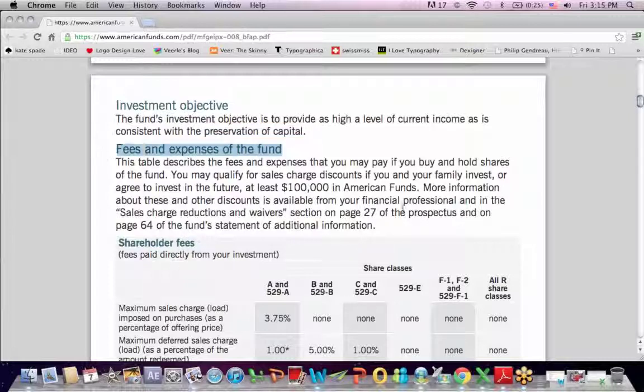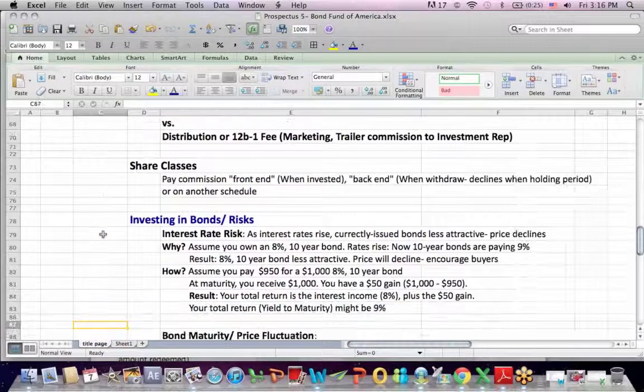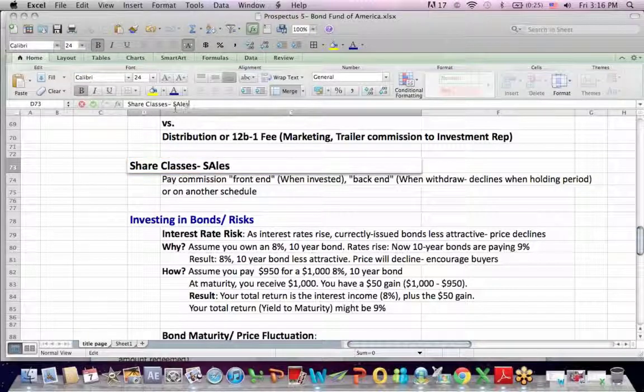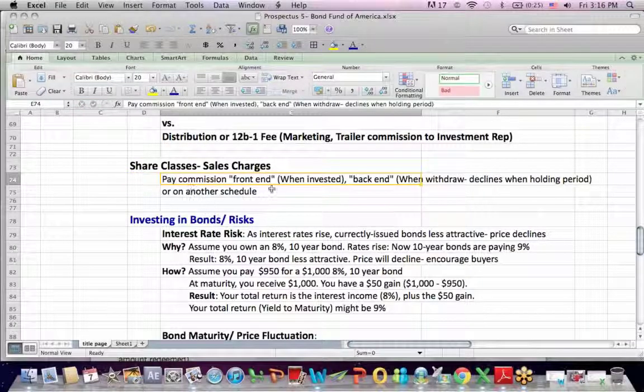Fees and expenses of the fund, and this is where I'm going to jump over to Excel. And I want to distinguish between different fees. First of all, I'm going to do share classes first, because that's usually the first thing that people think of, is sales charges. So share classes have sales charges. That's what they relate to. And the common parlance is you can pay a, quote, front-end commission, which means that you pay a sales charge when you invest.